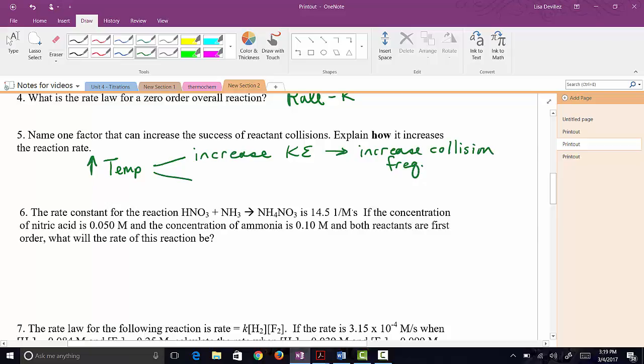And then, by increasing the kinetic energy, it's also going to increase collision energy.